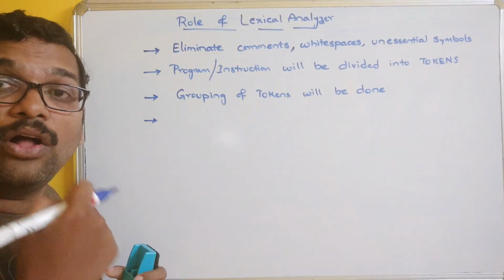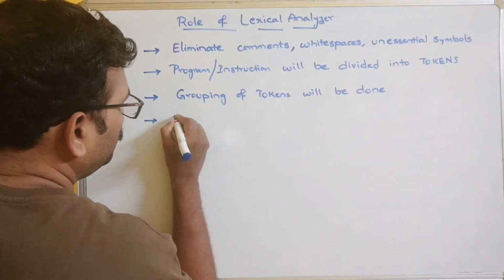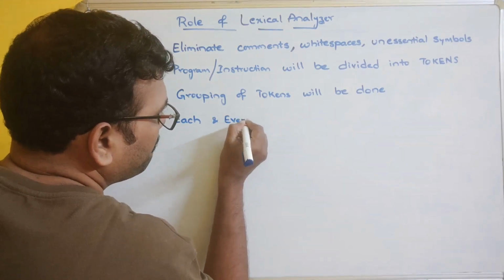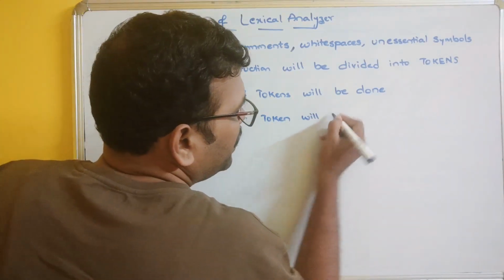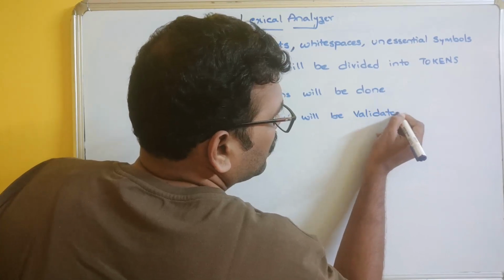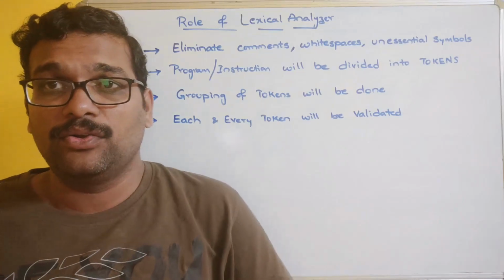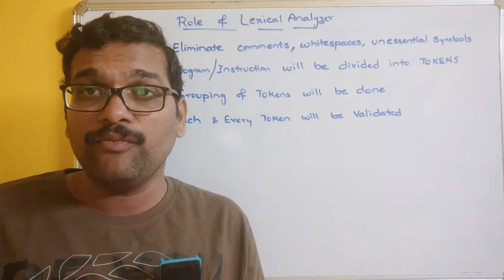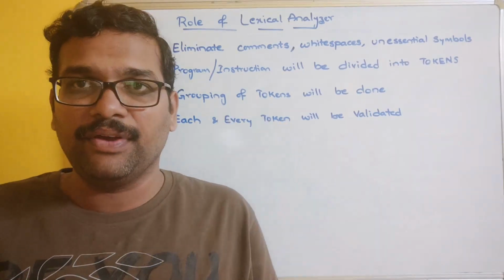And then the next one is that each and every token will be validated. We know there are some rules given by the compiler to represent the tokens, right? For example, take the identifier. We know some rules that we have to follow in order to give a name to an identifier.